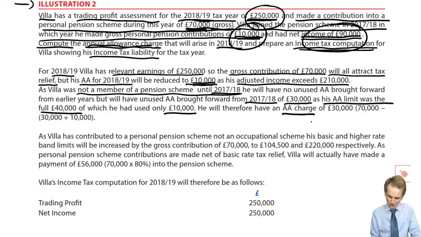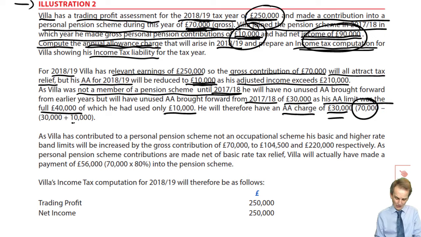What will his AA charge be? Well, it's going to be £30,000. How come? There's the gross contributions made for the year, given in the question, 70,000. What is the overall AA limit that is to be applied now for the 18-19 tax year? We've got our £10,000 limit for the year, as £250,000 of adjusted income in 18-19 gives us the minimum £10,000.